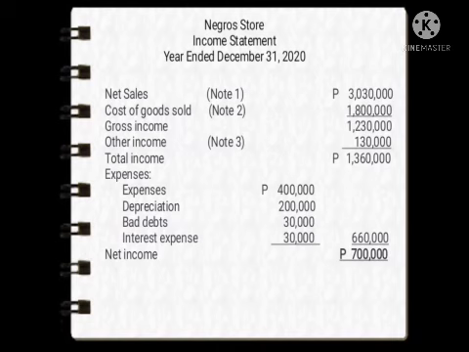The total expenses is 660,000 pesos. So, total income, which is 1,360,000 less 660,000 is equal to the net income of 700,000 pesos.